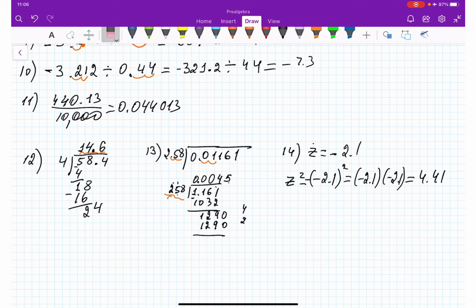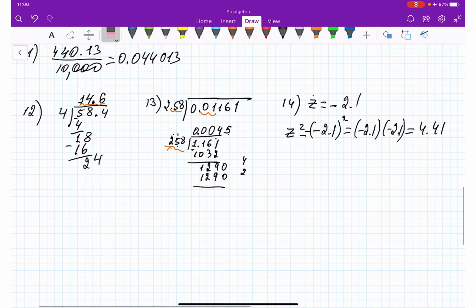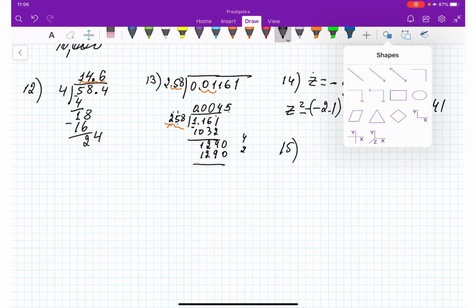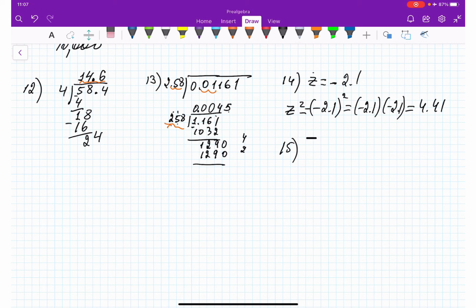Moving to question number 15. We need to find the area of a rectangle. We have a rectangle with a width of 1/5 yard and a length of 0.34 yard.